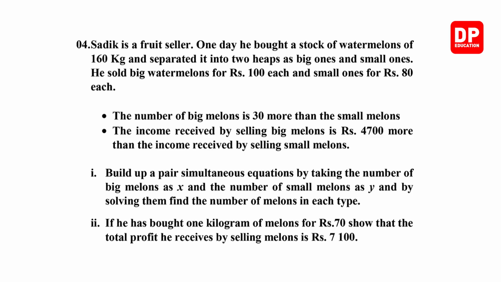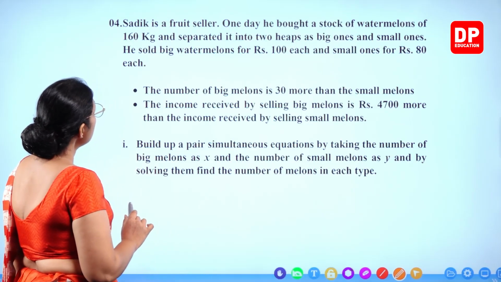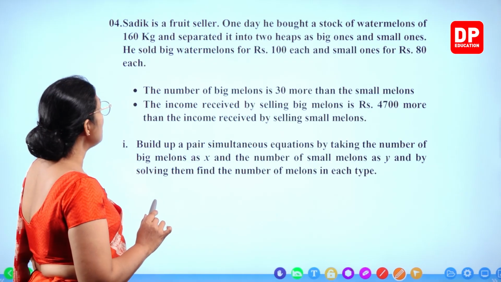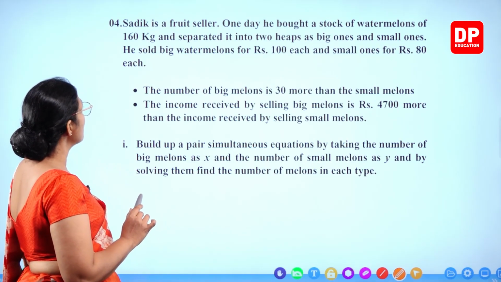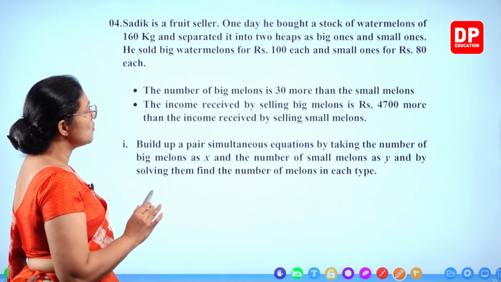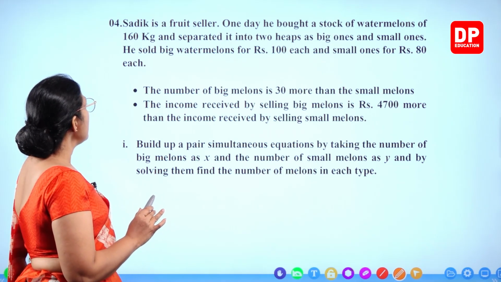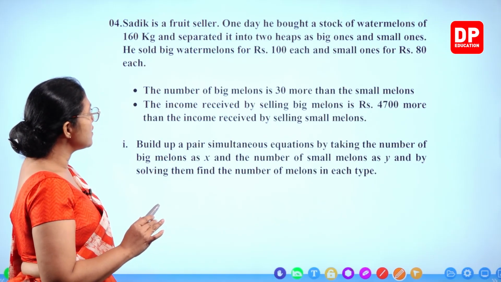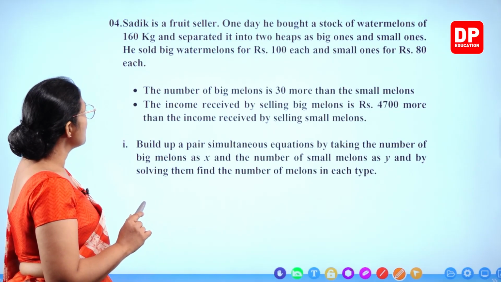Question number 4, you have to build up a pair of simultaneous equations. Sadiq is a fruit seller. One day he bought a stock of watermelons of 160 kilograms and separated it into 2 heaps, big ones and small ones. He sold big watermelons for 100 rupees each and small ones for 80 rupees each.